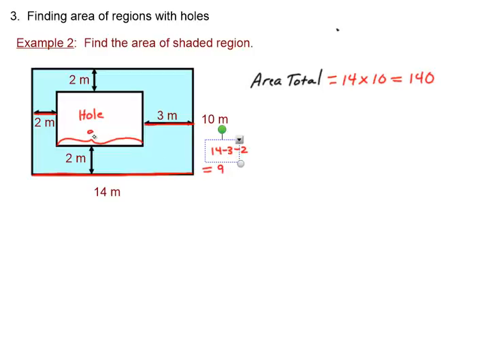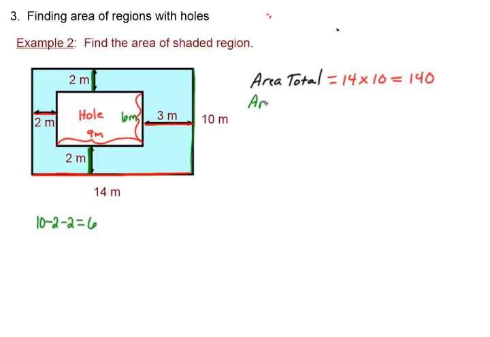So this is 9 meters. Gotta do the same with the height. My total height is 10, but I gotta take away 2, and I gotta take away 2. So 10 minus 2 minus 2 is going to be 6. So this is 6 meters.